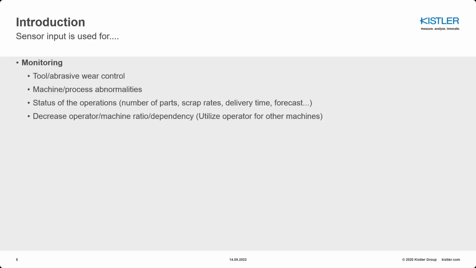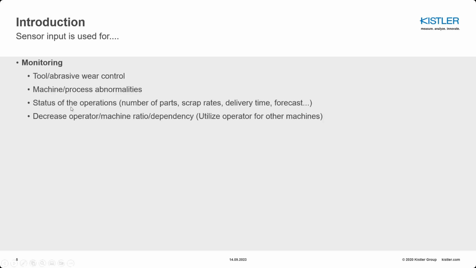That's why monitoring of tool wear is important, and we do that with certain signals. We are also monitoring machine and process abnormalities, because the tool can still be new, but certain things can behave differently. For example, the pump of your coolant tank may not be working, and then suddenly you don't get the coolant, and it will affect your temperature and maybe your product at the end of the day. So you need to capture that.